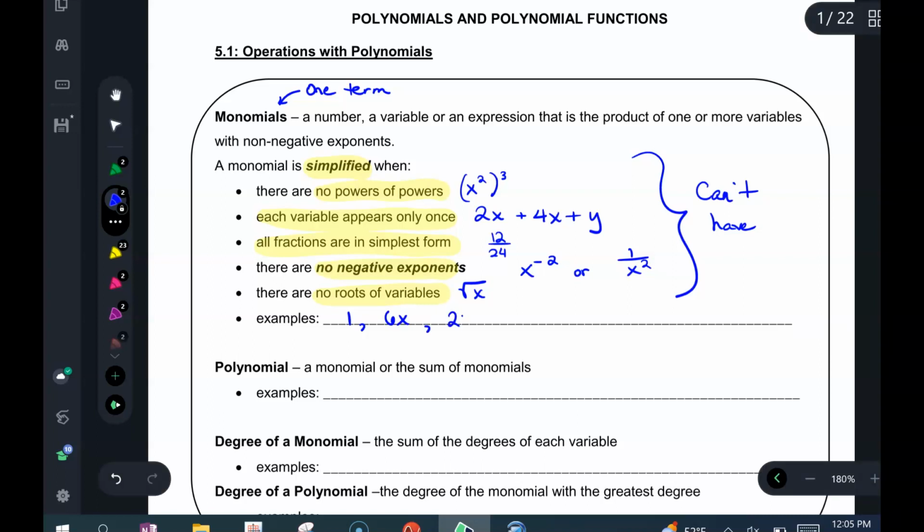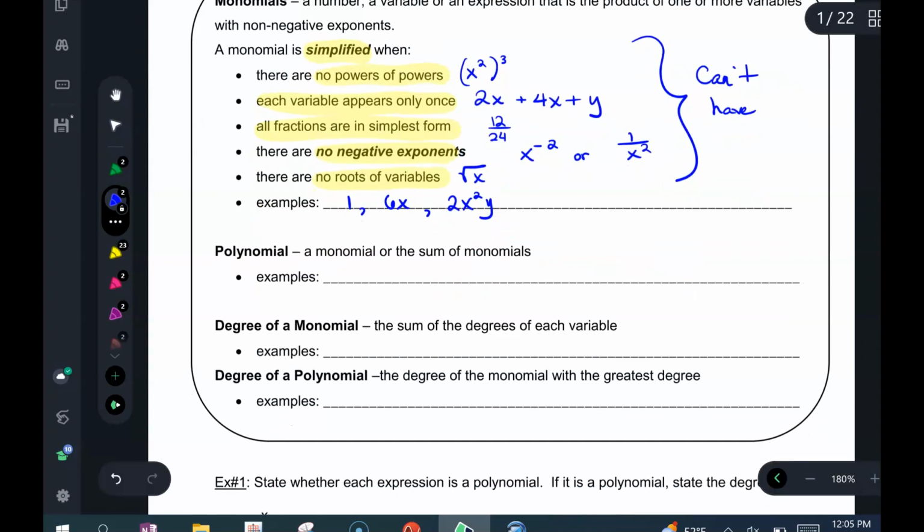Or 2x squared y. Sorry, I was looking at the wrong thing. Those were things that are simplified, and I was giving you non-examples, because these are things that you can't have, and then these are examples of what you can have.